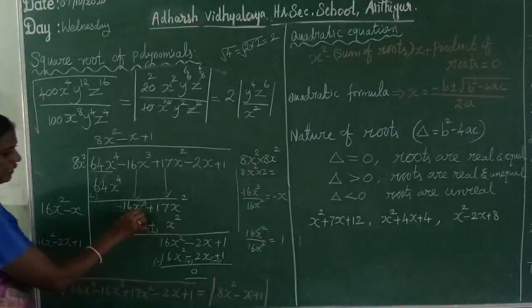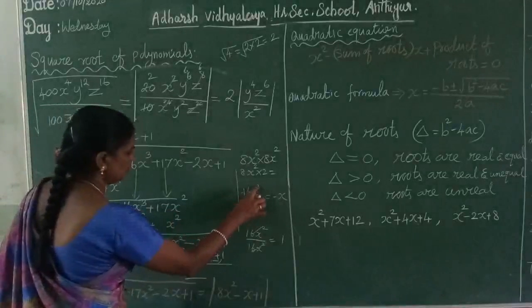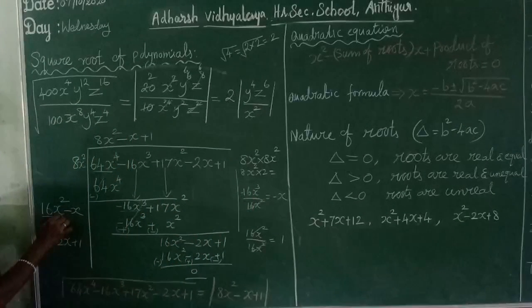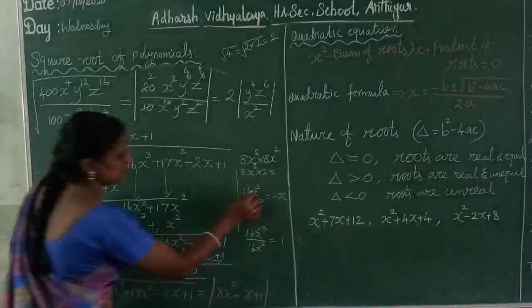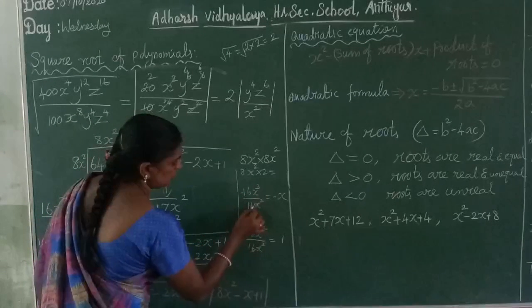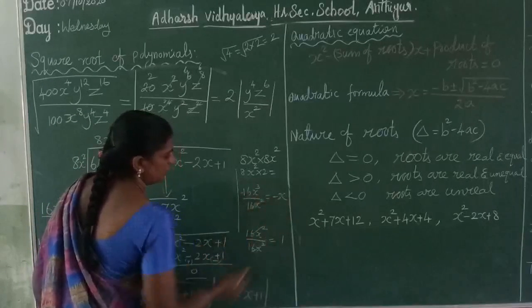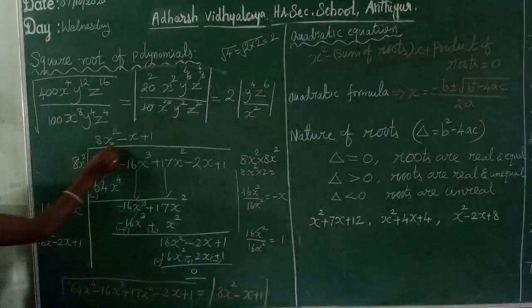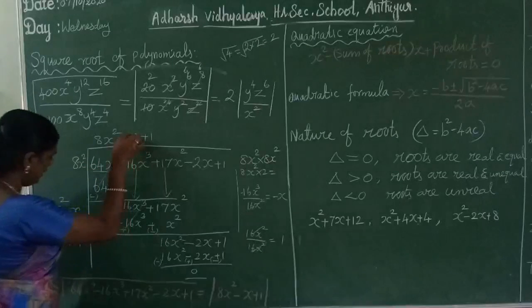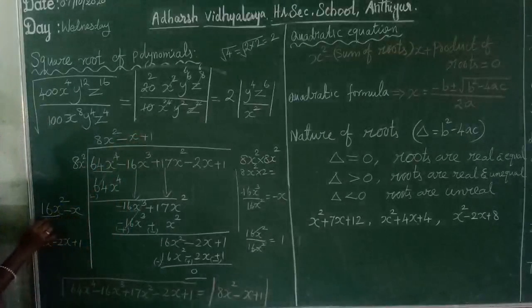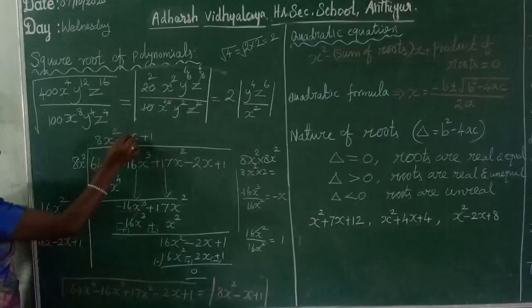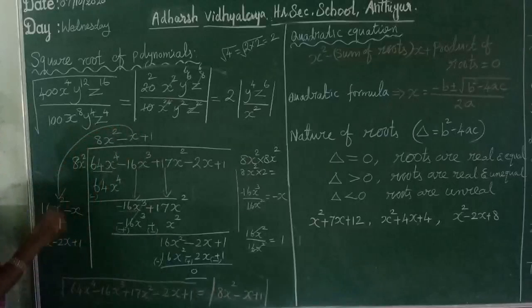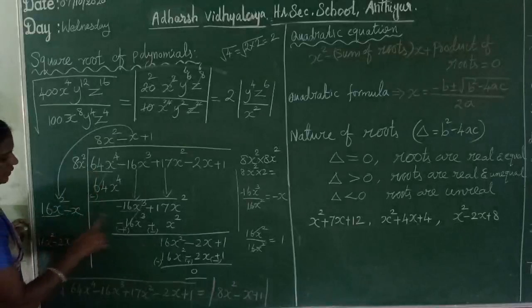This first term we take: minus 16x cube divided by the first term of the divisor. Minus 16x cube by 16x square, these cancel, what do we get? Minus x. So minus x we write in the quotient place and the divisor place. So 16x square minus x, multiply this by x: x into 16x square minus x.